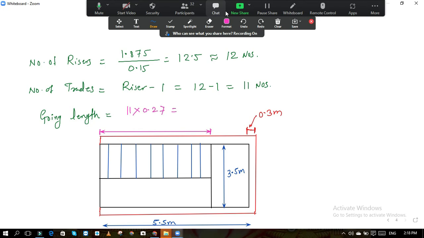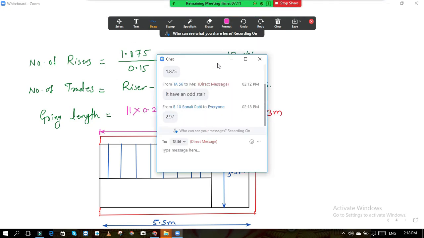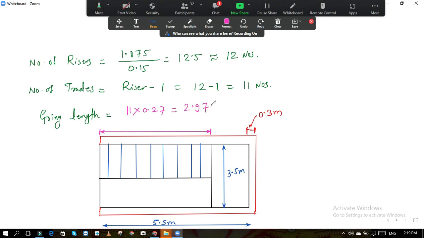Please do the calculation and let me know the answer. 11 into 0.27, because we have provided 11 treads. It is 2.97 meter. So this length is 2.97 meter.